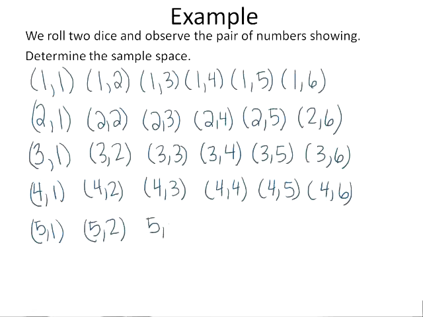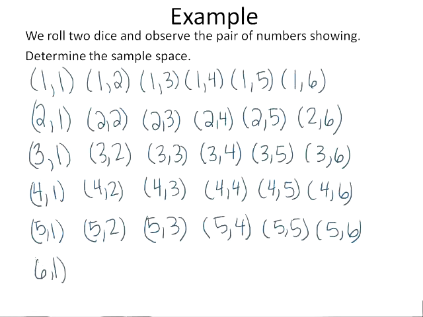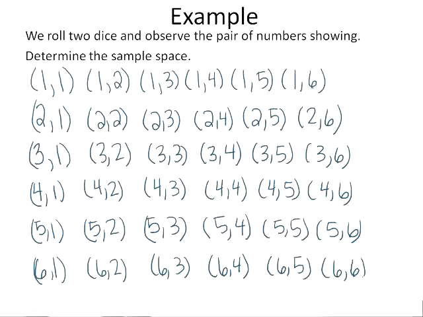So just listing all the possible outcomes where we have a 5 on the first die. And then lastly, we could have an outcome of 6 on the first die. So counting all the outcomes here, there are 36 different outcomes in the sample space.